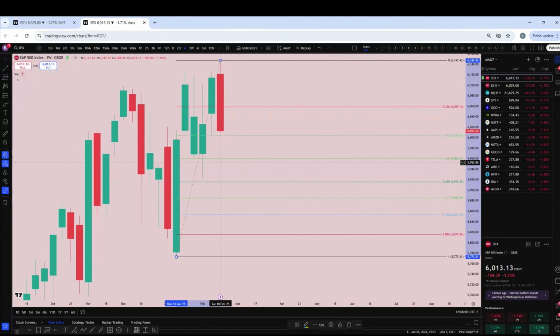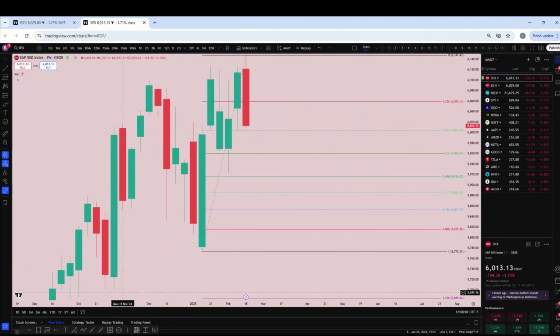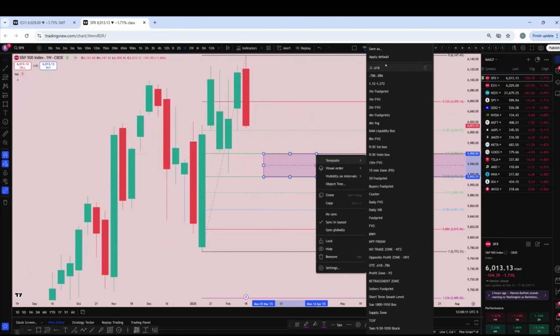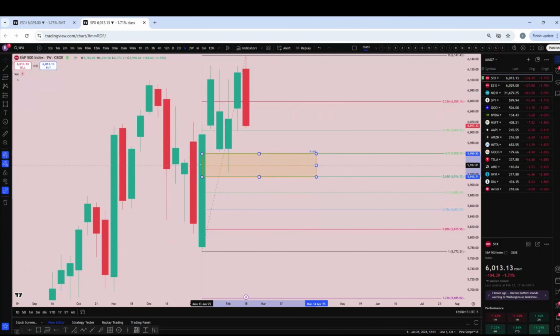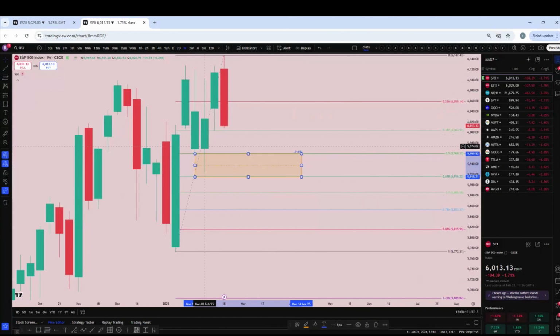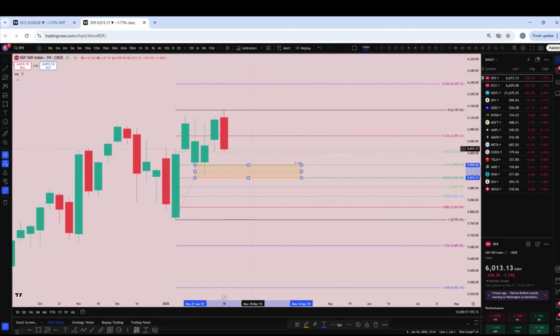And so I'll mark this box here and go from there. So for SPX, that's what I'm looking at.